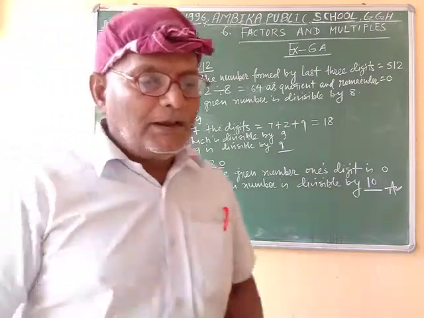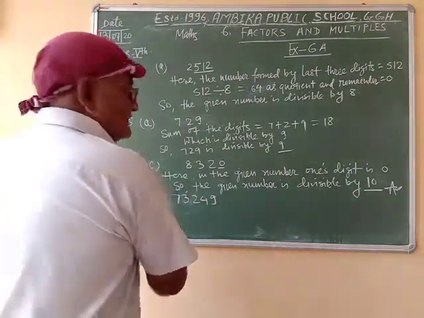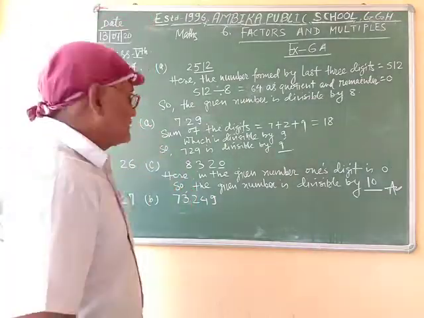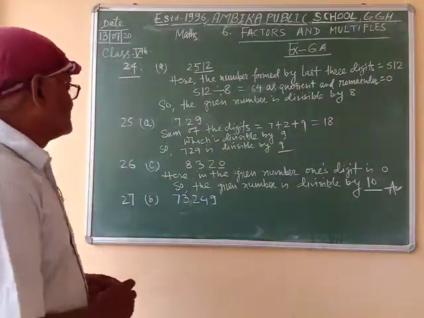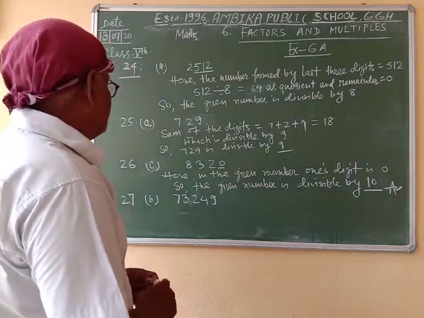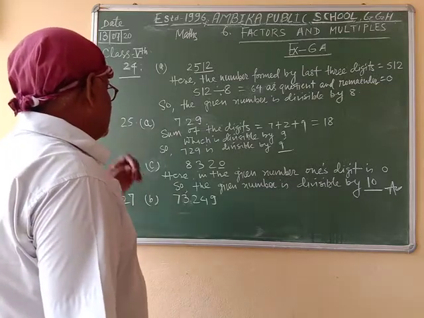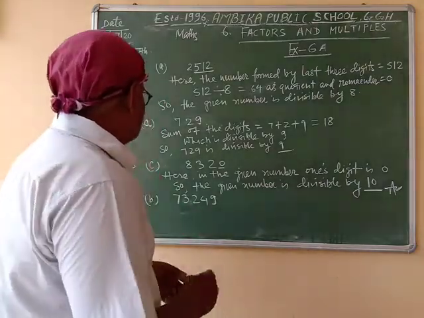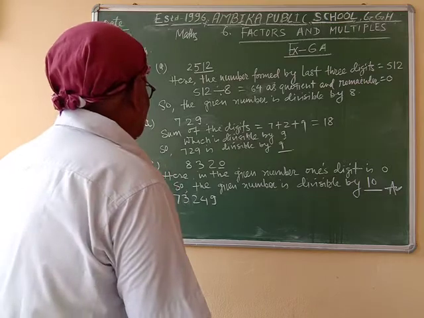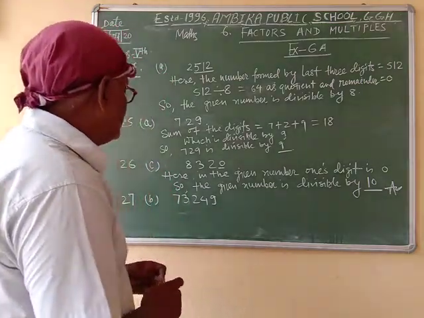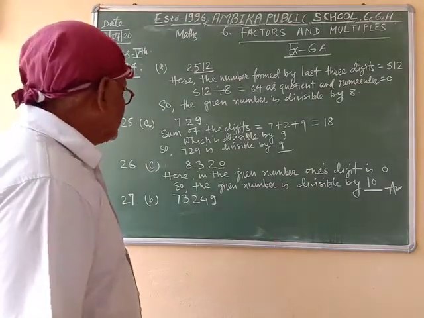We have to show that the given number is divisible by 11. We know that according to the divisibility rule, if the difference between the sum of the digits at odd places and the sum of the digits at even places is 0 or 11, then the whole number is divisible by 11.